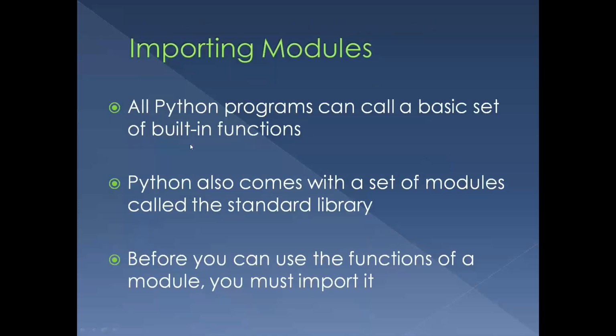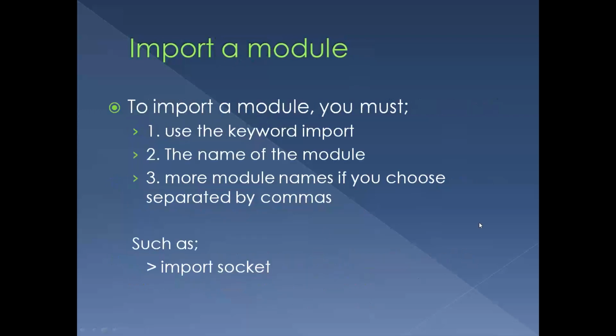Importing modules. All Python programs call a basic set of built-in functions. We've looked at a couple of them. Python also comes with a set of modules called a standard library. Before you can use the functions of a module, you have to import it. To import a module, you must use the keyword import, the name of the module, and more module names if you choose, separated by commas.